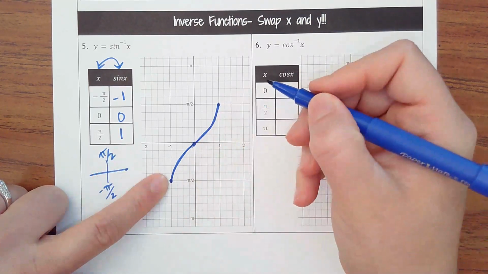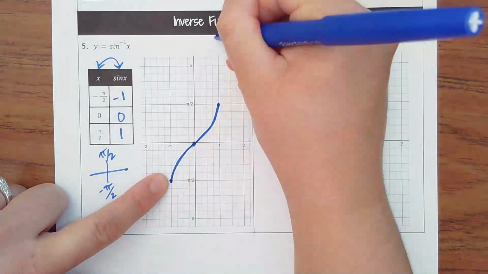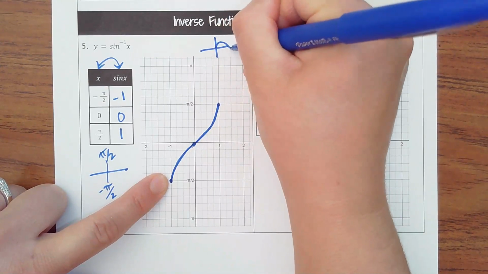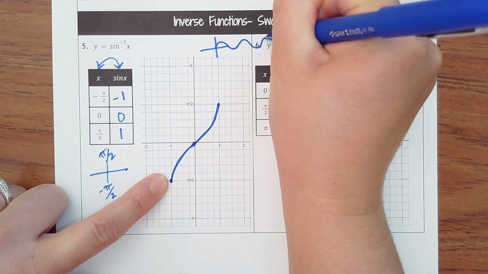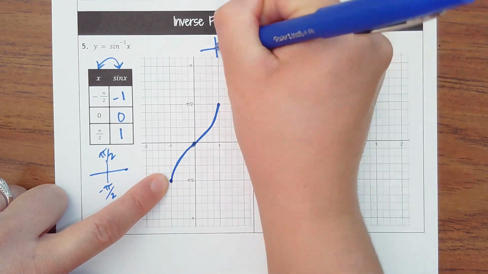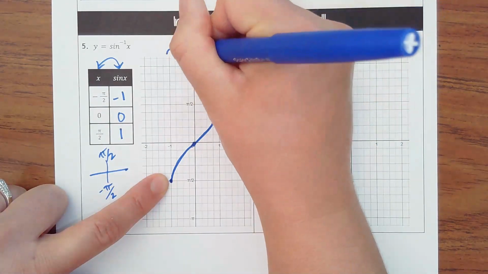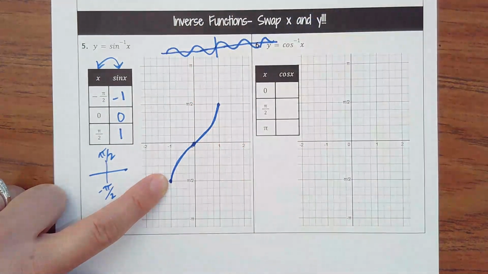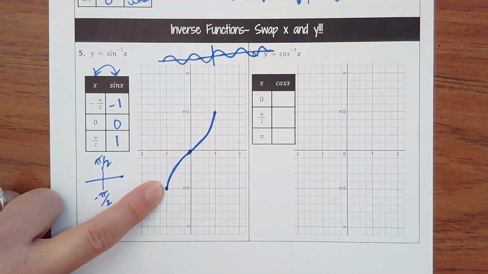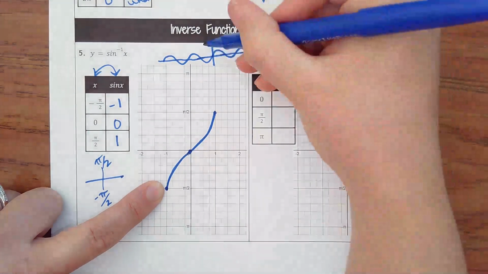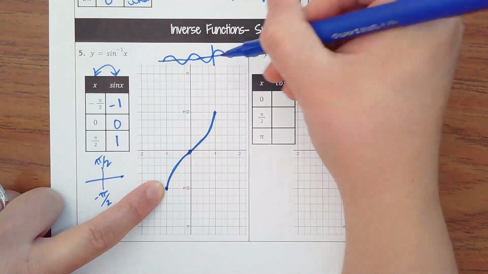It stops, and the reason is because the sine graph goes like this forever. And for something to have an inverse, it has to be a function, and it has to be a one-to-one function, meaning it has to pass the vertical line test and the horizontal.